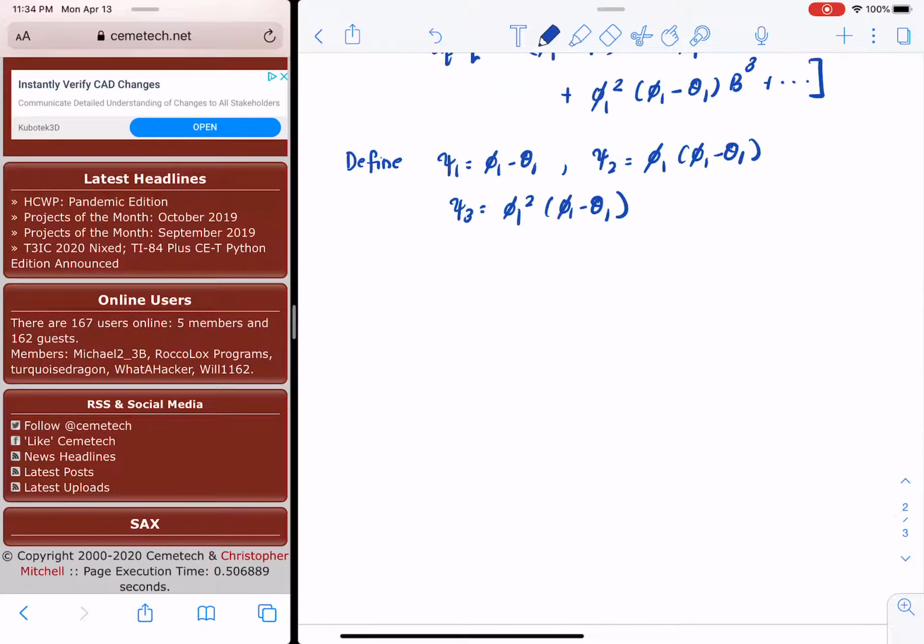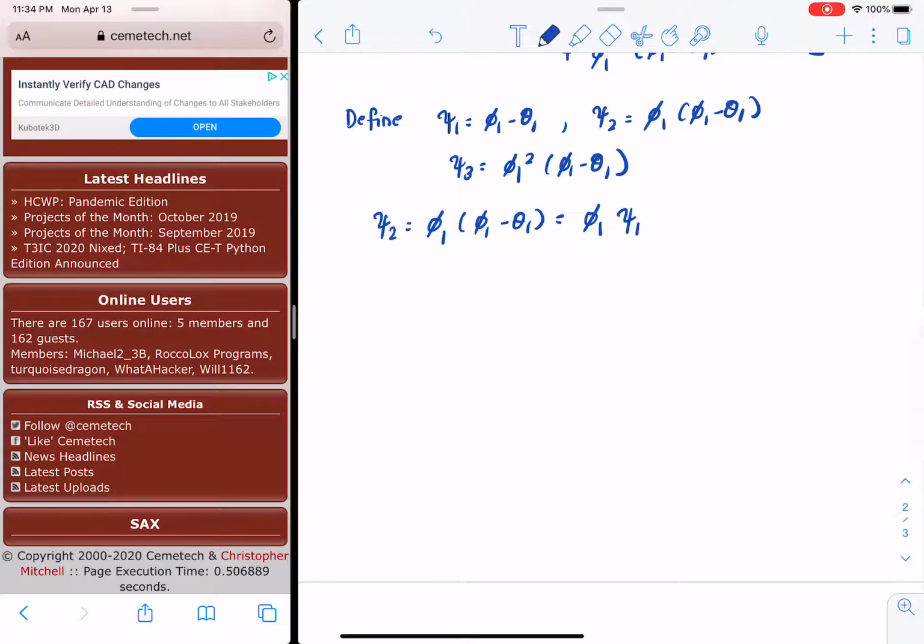Well, if you observe closely, psi_2 is phi_1 times (phi_1 minus theta_1), which is simply phi_1 times psi_1. Psi_3 is phi_1 squared times (phi_1 minus theta_1), which is phi_1 squared psi_1, and it is the same as saying phi_1 times phi_1 times psi_1, but phi_1 psi_1 is simply psi_2. So psi_3 would be phi_1 psi_2.